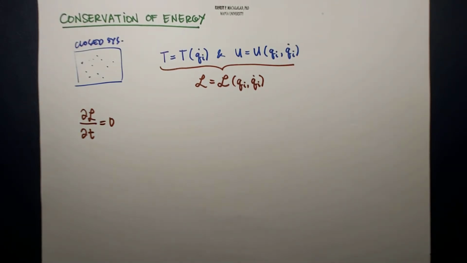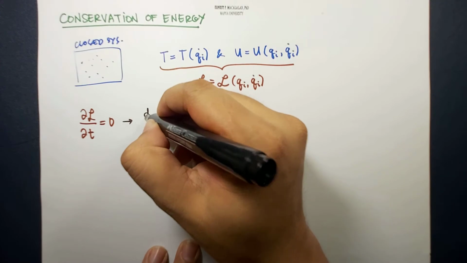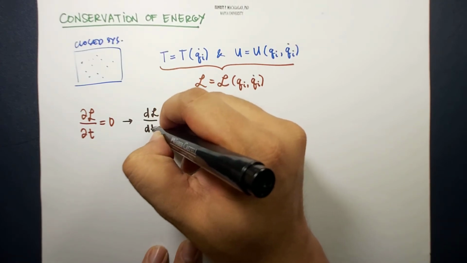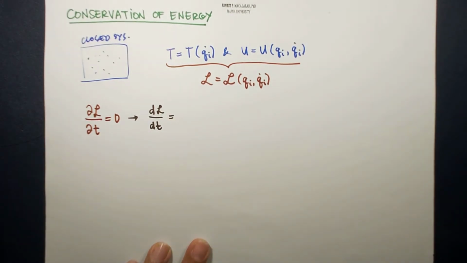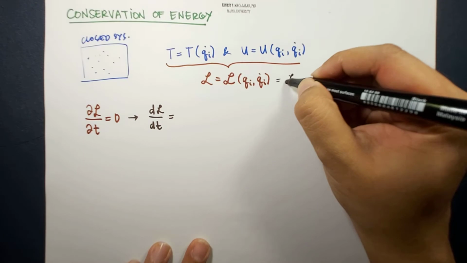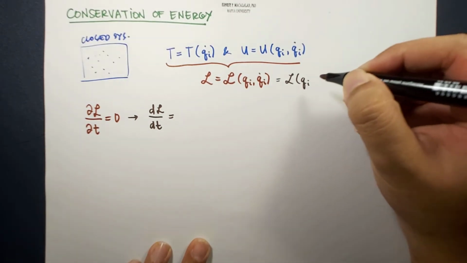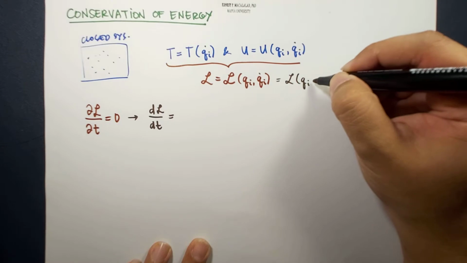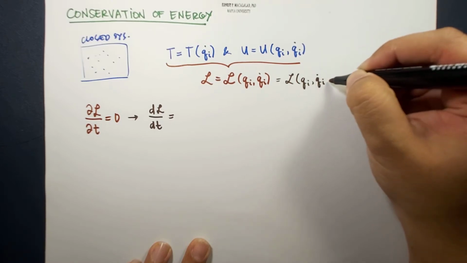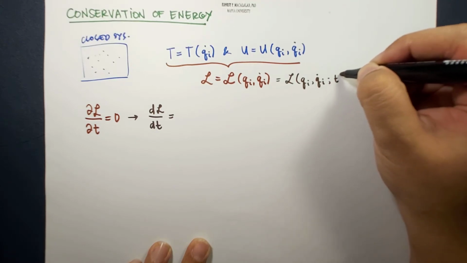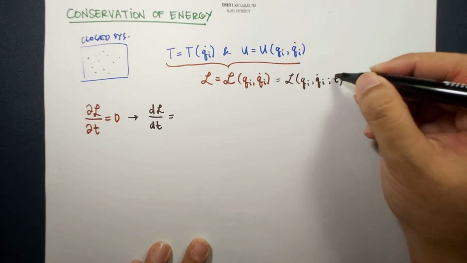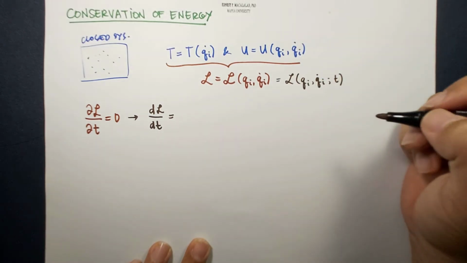So therefore, the total derivative of the Lagrangian with respect to time, which follows the chain rule, because remember that the Lagrangian is an explicit function of position and velocity, but an implicit function of time.